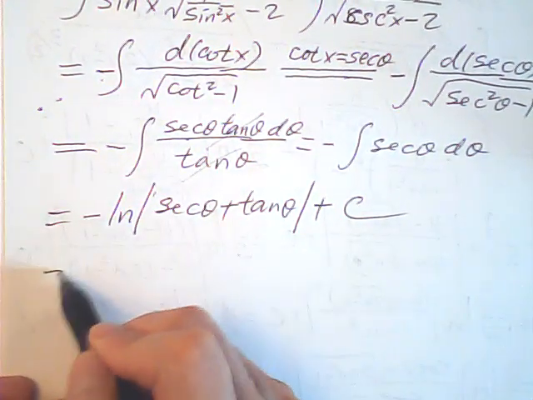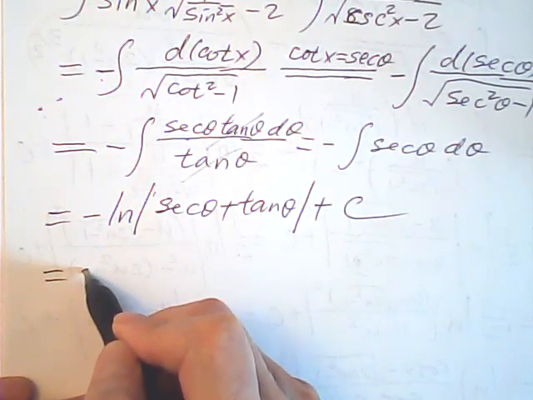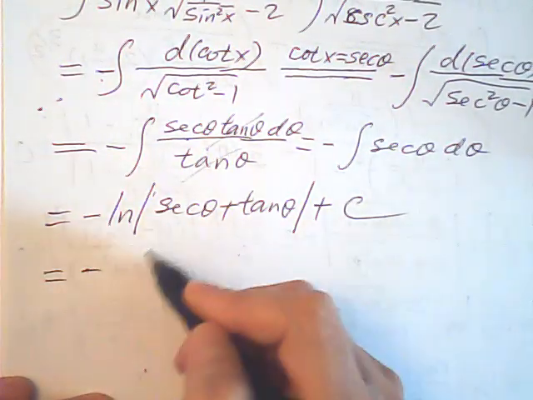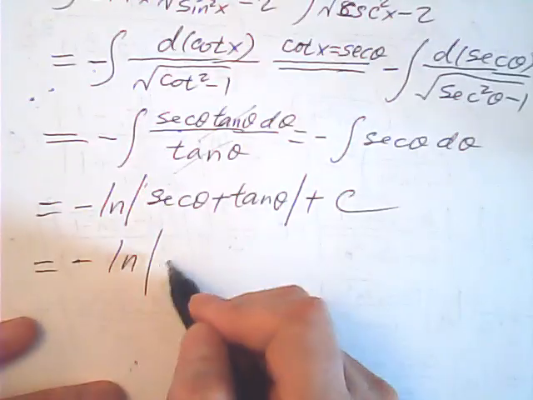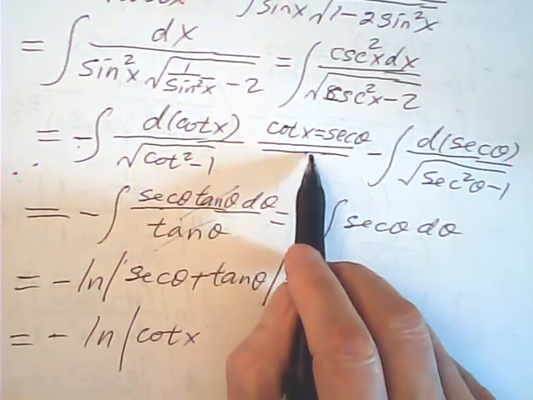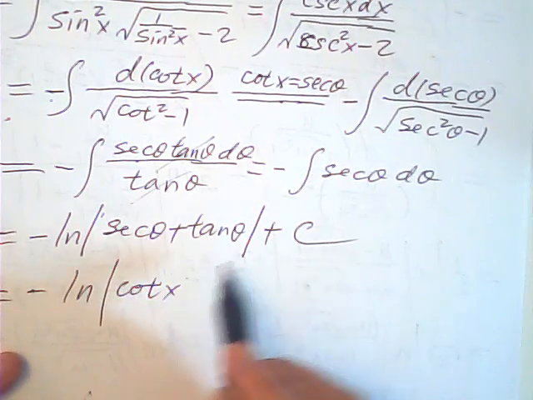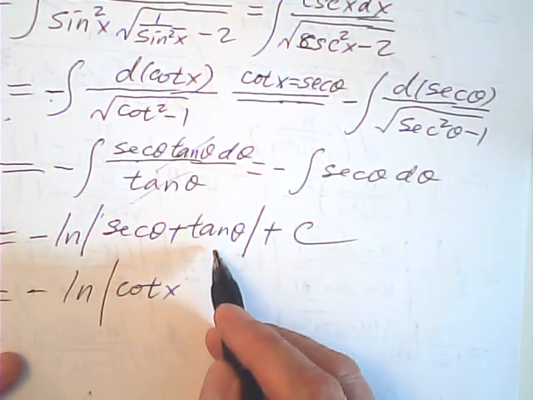Then we change it into this one. Secant theta is what? Secant theta is cotangent. And tangent is what?